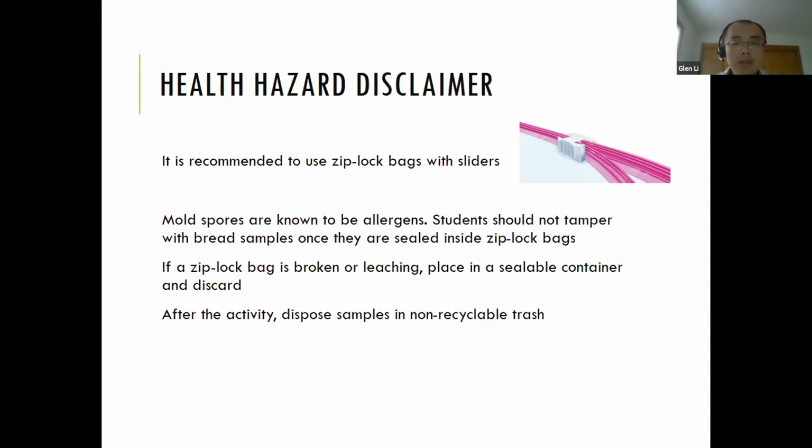So a little bit of disclaimer here. What we're doing in the lesson is using sliced breads. We can use the bread from another lesson or just buy sliced breads, ideally white bread from the grocery.